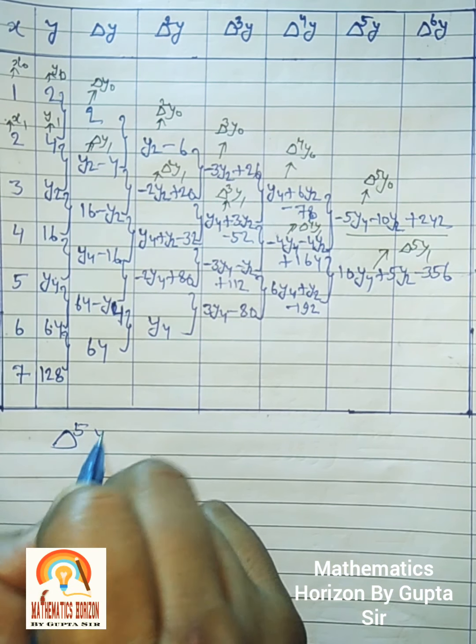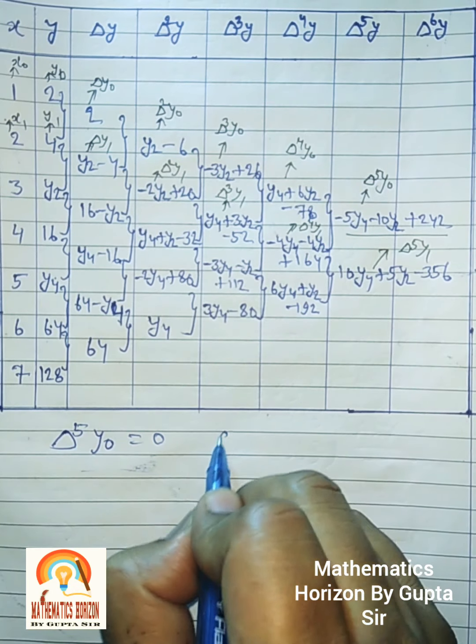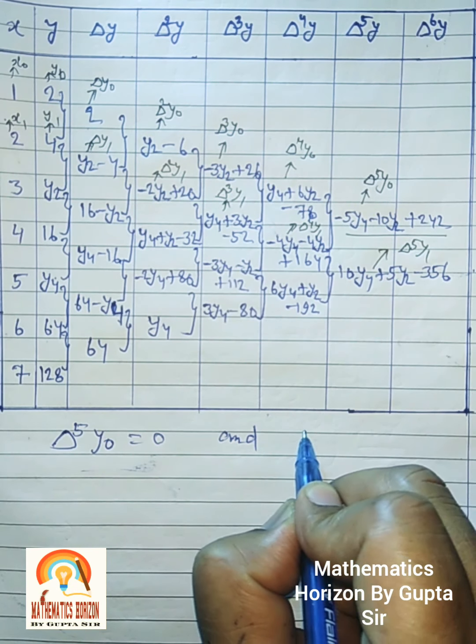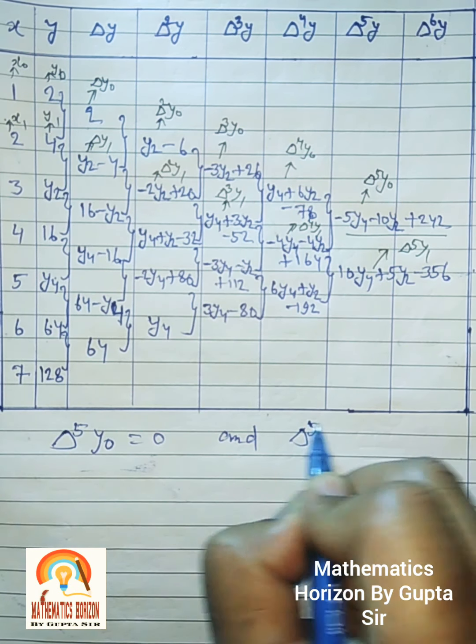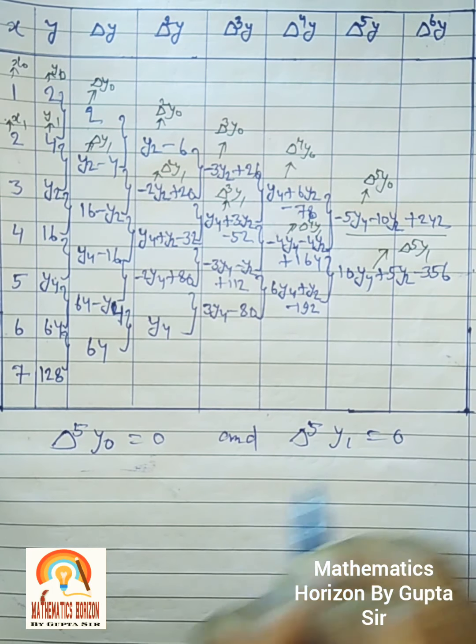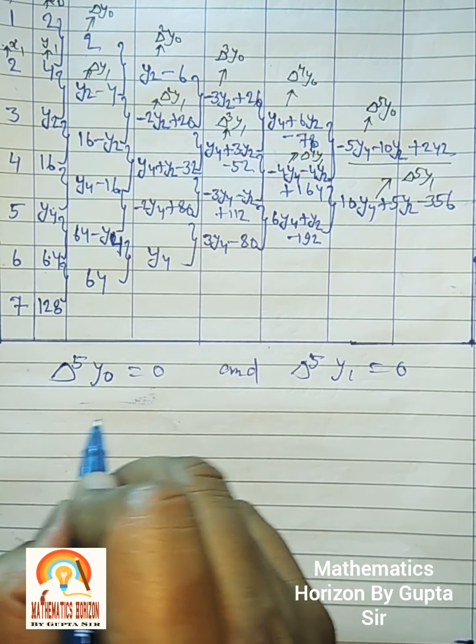Okay, we have these two relations, that is del 5y0 equal to 0 and del 5y1 equal to 0. That is, we have two equations.